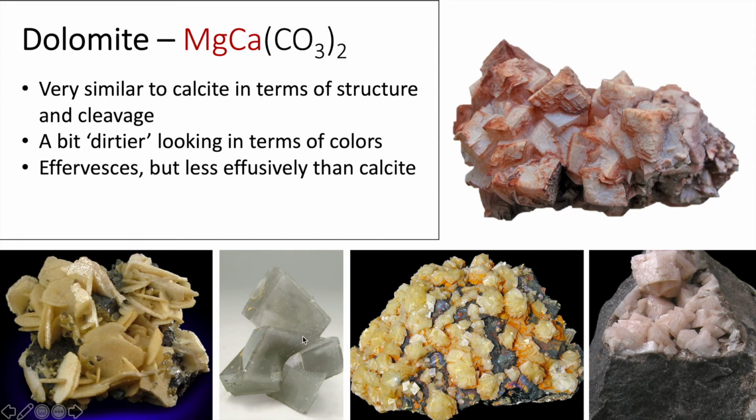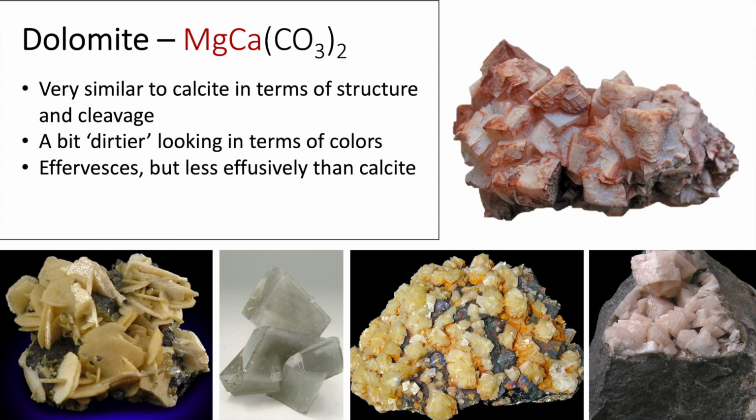It can be very nice and colorless, but it's a little less likely to be colorless than calcite. Calcite, of course, also can take on other colors, but it's more likely to be colorless. So if you're looking at a single crystal, it's hard to know for sure whether you're looking at calcite or dolomite just from color alone.